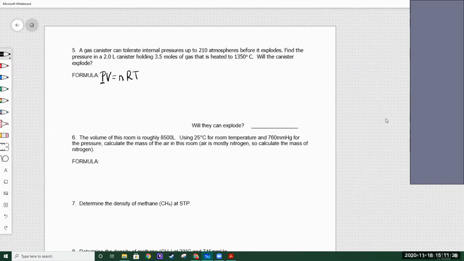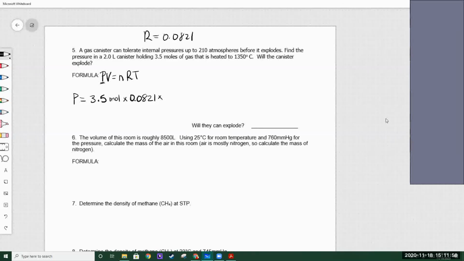So we have our volume in liters, we have our moles in moles. We don't have the temperature in the correct units. So we're going to do pressure is equal to the moles, 3.5 moles, times our constant R, which, remember, always equals 0.0821 liters times atmosphere over mole Kelvin.